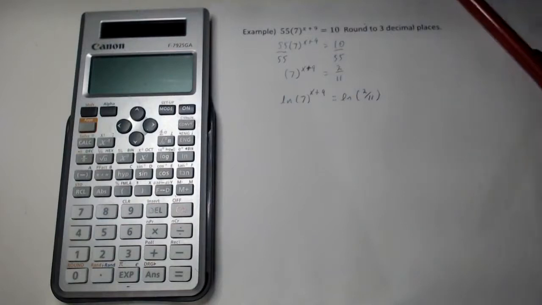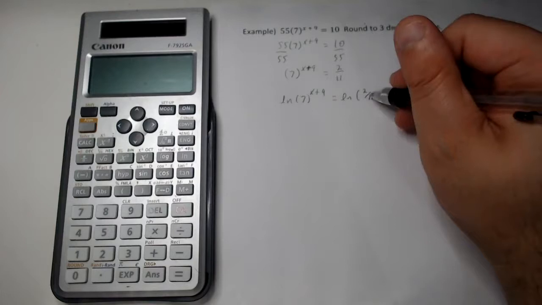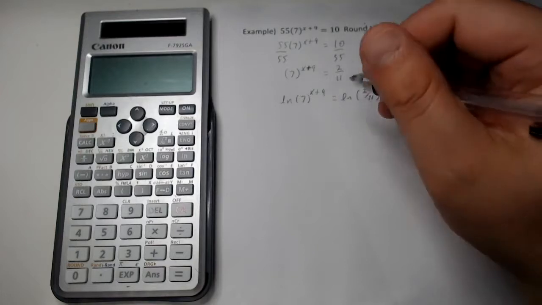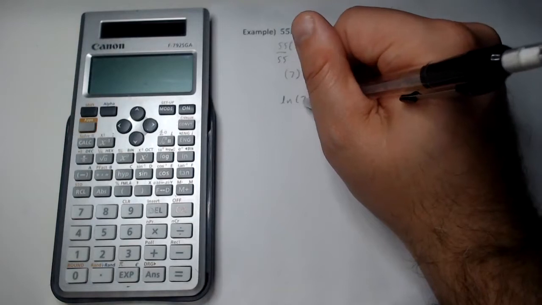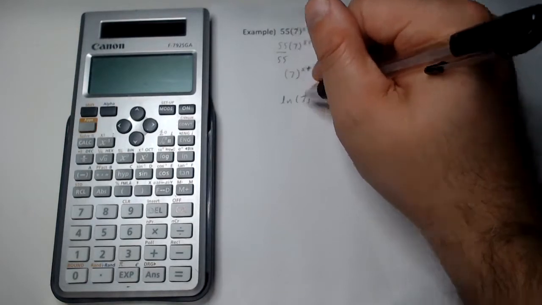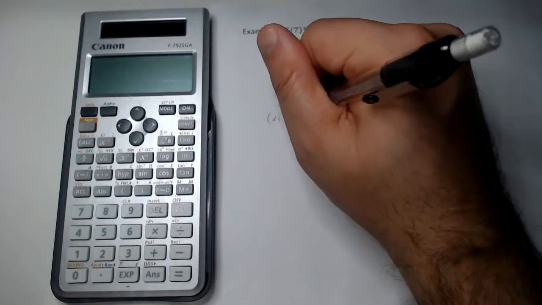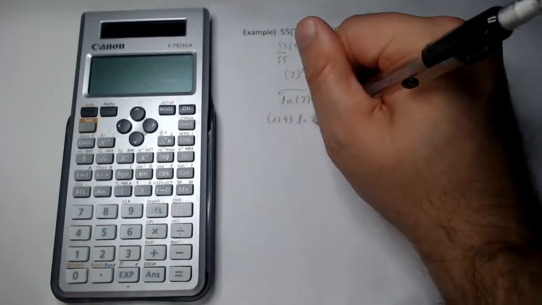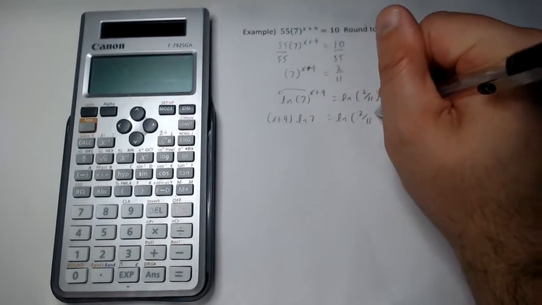And this 2/11 will remain as a fraction in parentheses for the rest of the problem. Now this is log base e of something to a power other than e. So the x plus 9 will go to the front, and I'll have the natural log of 7 equals the natural log of 2/11.